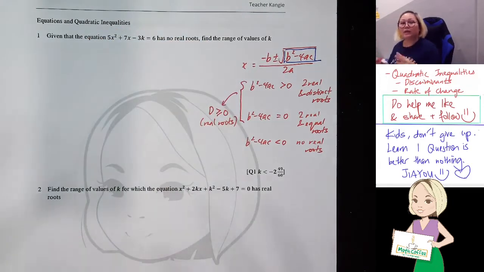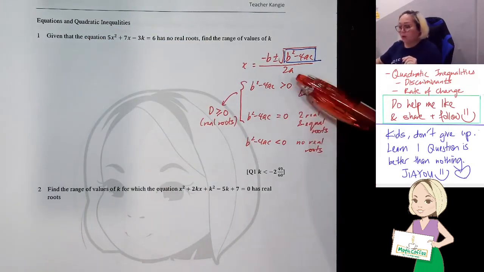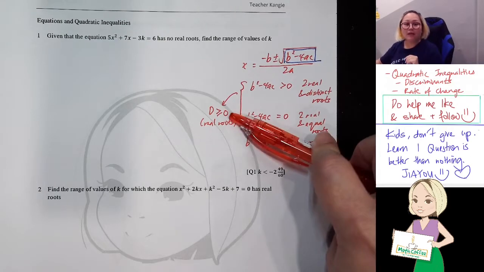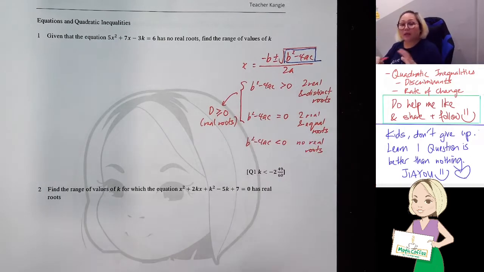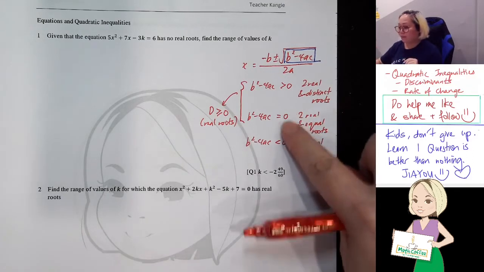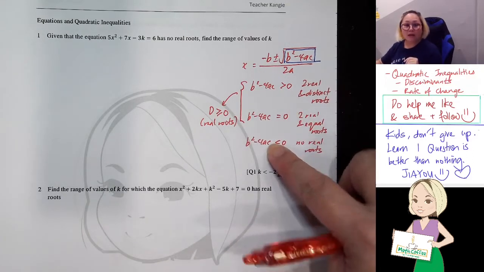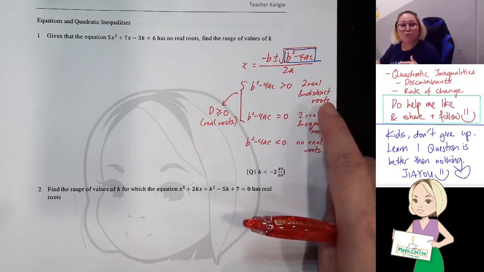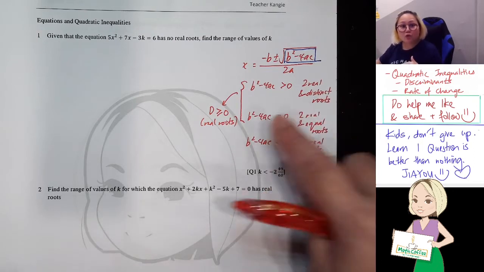So technically speaking, in total you have 4 cases: more than 0, equals to 0, less than 0, or more than or equal to 0. It is not possible to combine the second and the third, because less than 0 already means no real roots, so it's not possible to combine it with real roots. You understand?